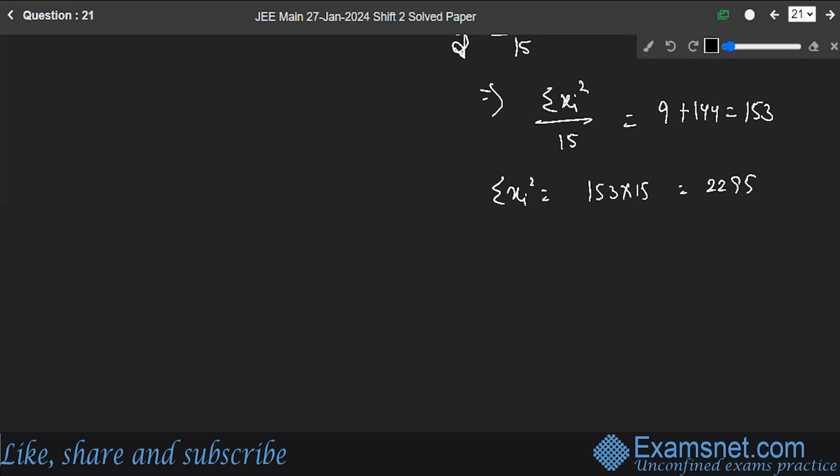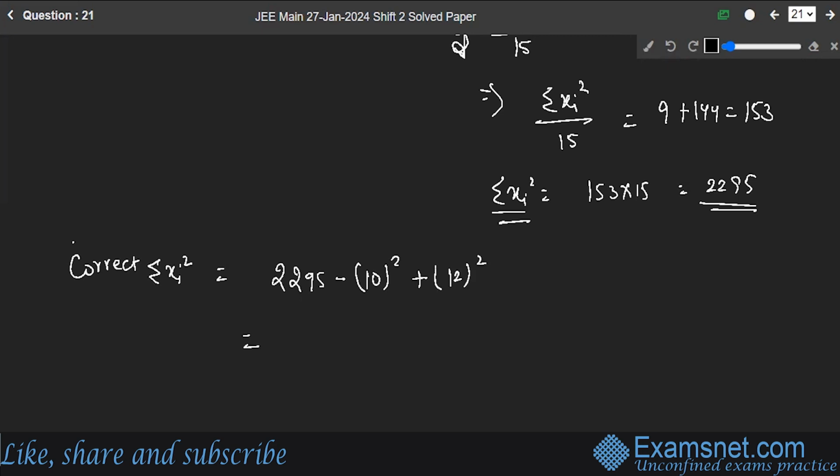Now, what will be the correct summation xi square? Again, this is the incorrect one. I have to subtract the square of 10 and add the square of 12. On solving, this gives me 2295 minus 100 plus 144, which will be 2339.